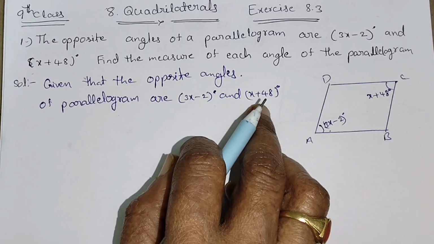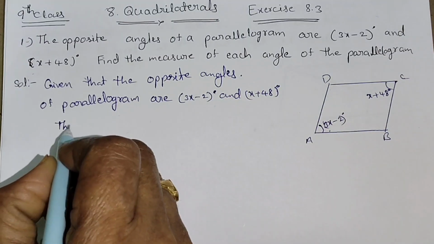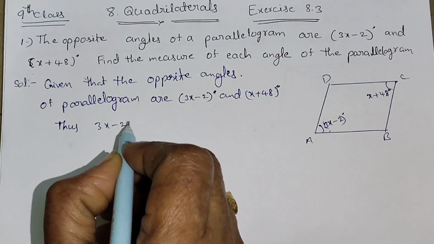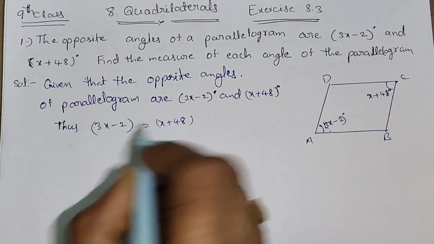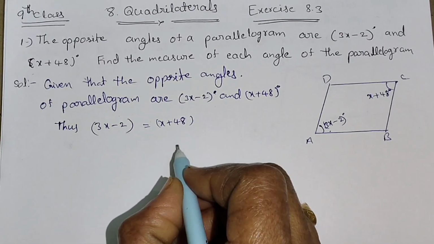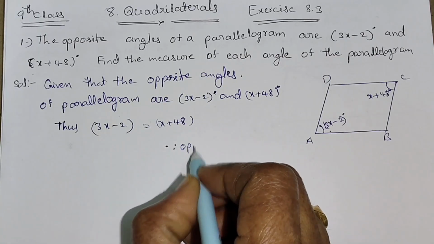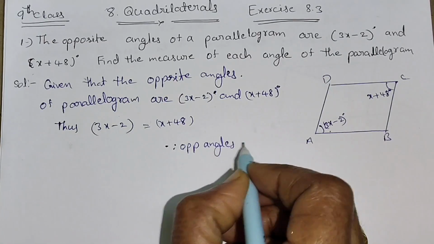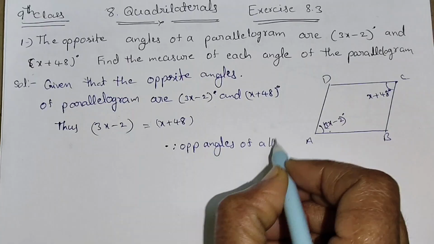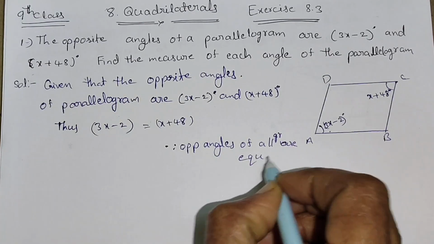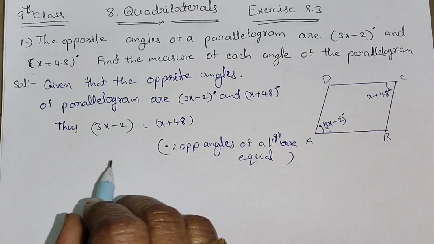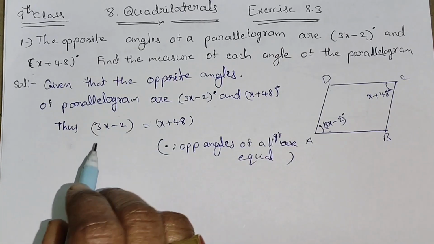These two are equal, so we write 3x minus 2 is equal to x plus 48, because opposite angles of a parallelogram are equal.